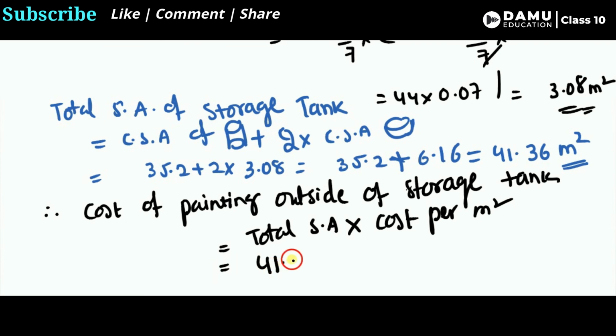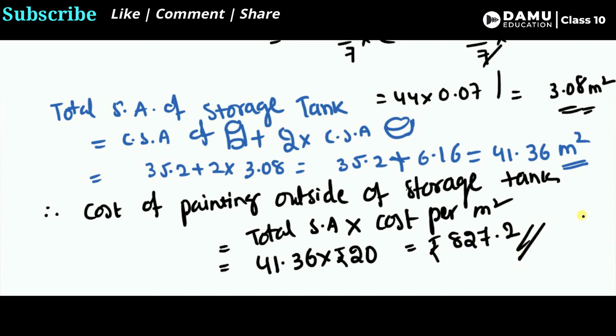So 41.36 into the cost per meter square, which is 20 rupees. 20 into 41.36, we will get 827.2 rupees for the storage tank painting.